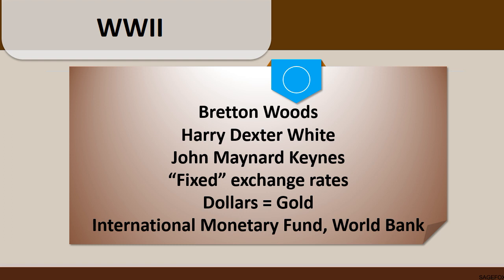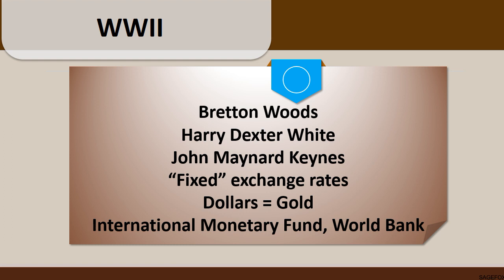So what's going to happen is that the dollar is going to be tied to gold, and every other exchange rate in the world is going to be tied to the dollar. So every country in the world except the United States gets to set its own exchange rate. The United States has to let everybody else set it. And we did that on purpose, right?